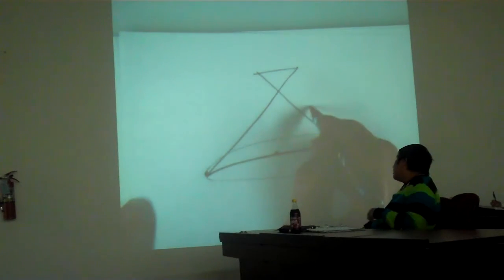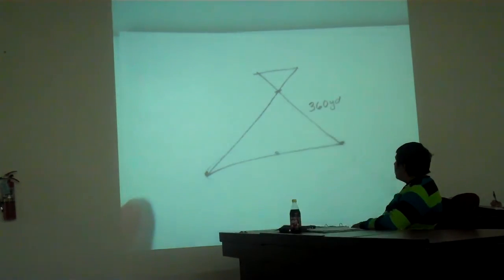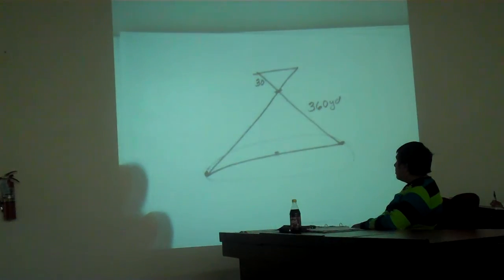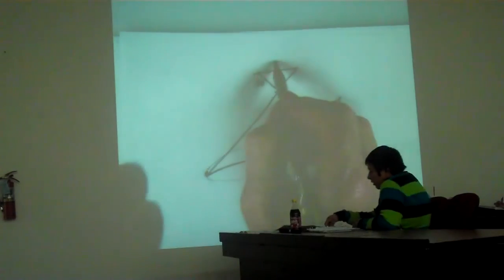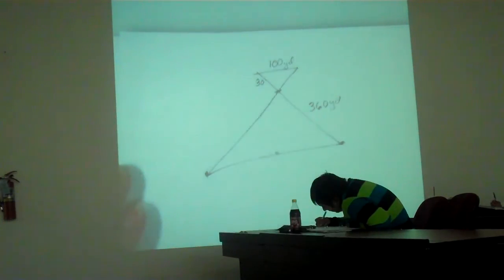Okay, let's say you have 360 yards from here to here, that side there. Let's say this one is 30 yards over there. Right up here, let's say we have 100 yards.